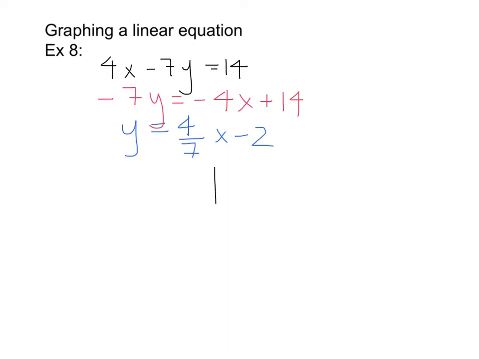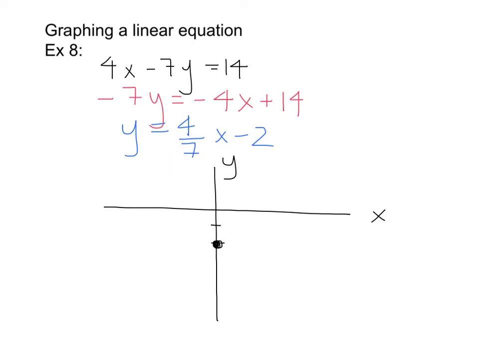So when I go to graph this, the first thing I am going to graph is my y-intercept. So my y-intercept is this negative 2 that's at the end, which means it goes through my y-axis at negative 2. So I'm going to put a dot right there. Now, the next thing I am going to graph is my slope. So the top number is my rise, the bottom number is my run.